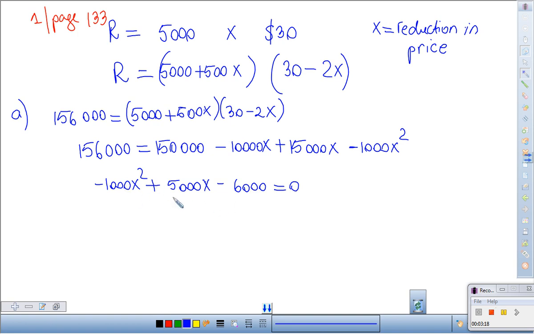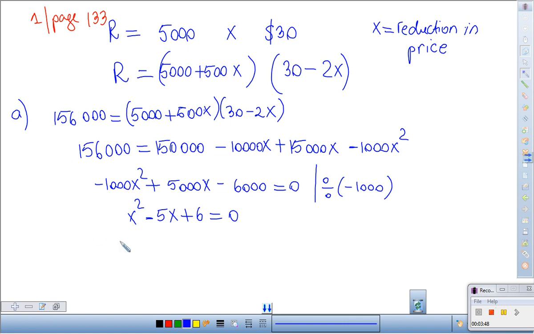We can notice that we can divide the entire quadratic equation by 1,000. However, since the x squared coefficient is a negative number, we should divide the entire equation by negative 1,000. So our result is x squared minus 5x plus 6 equal 0.